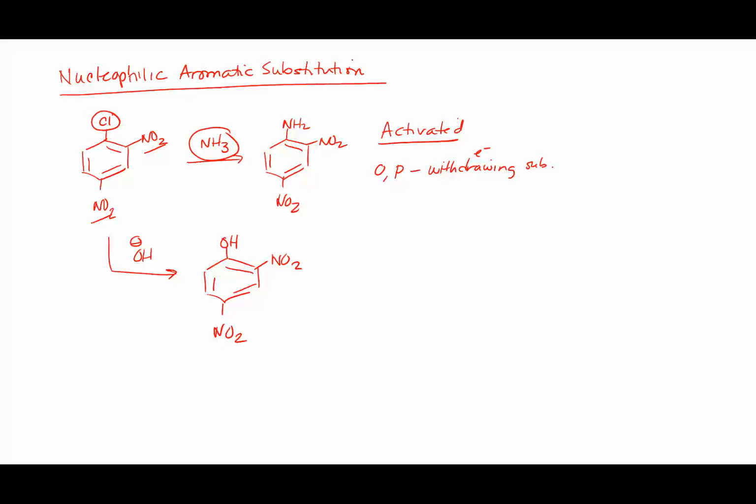And I'm going to show you the mechanism with the OH minus. So I'm substituting, and this is an activated ring, so there are nitro groups at the ortho and para positions. What would the mechanism look like? Here's what the mechanism looks like. I'm going to write my chlorine here.